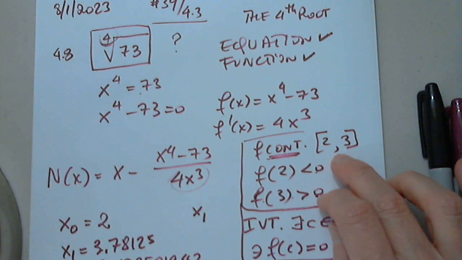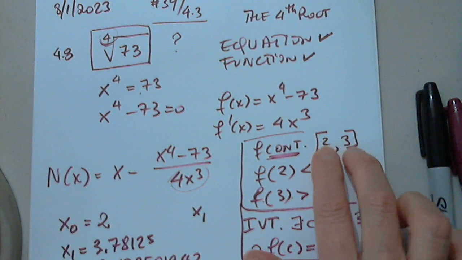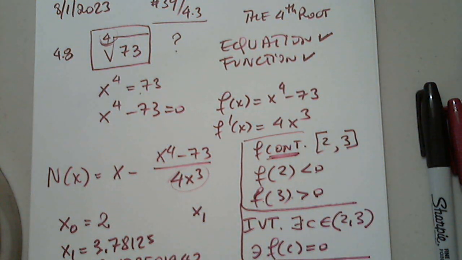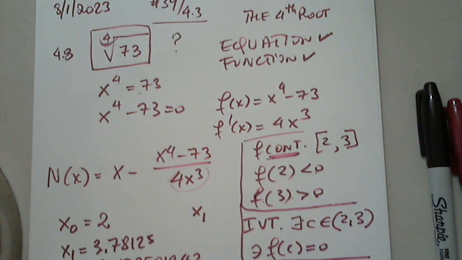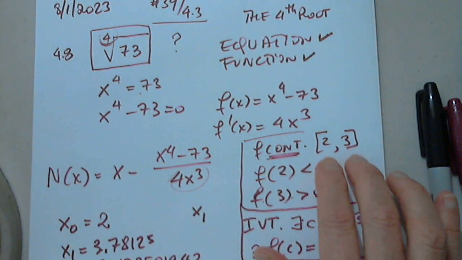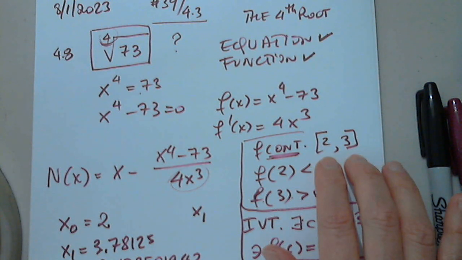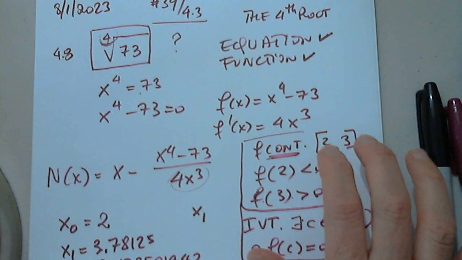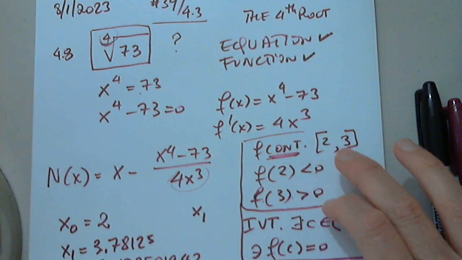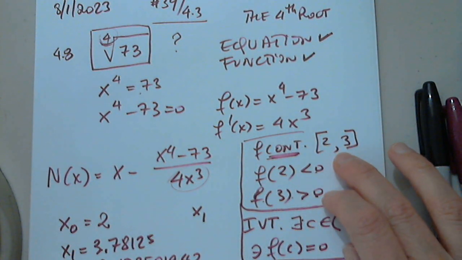Then I know that this is the interval that has a solution. There may be other intervals, I don't know. For this function, no. But for other functions, there may be other intervals where it has other solutions. But for this one, I found between 2 and 3 a solution because the function is continuous and it changes sign.